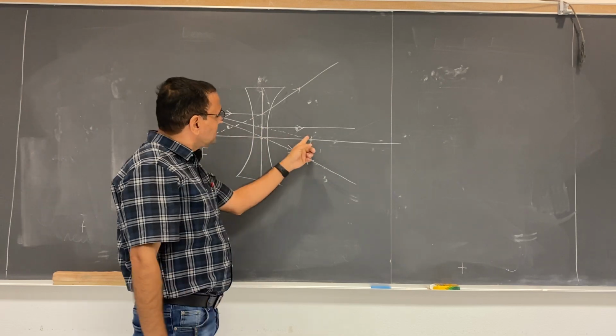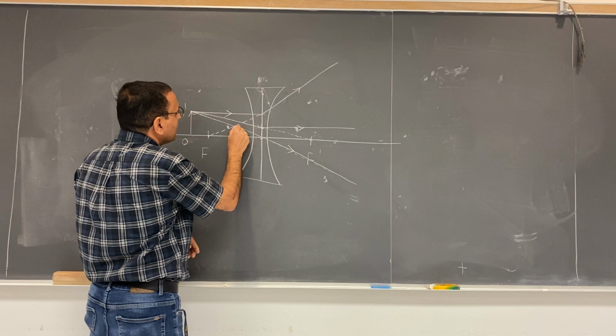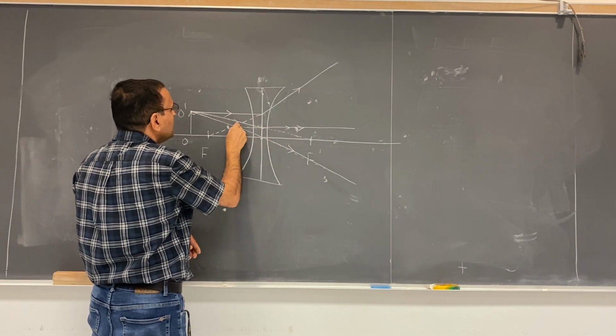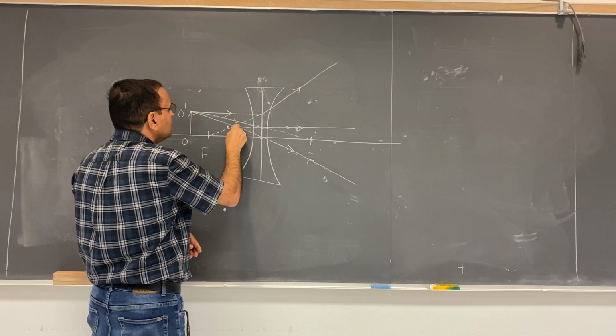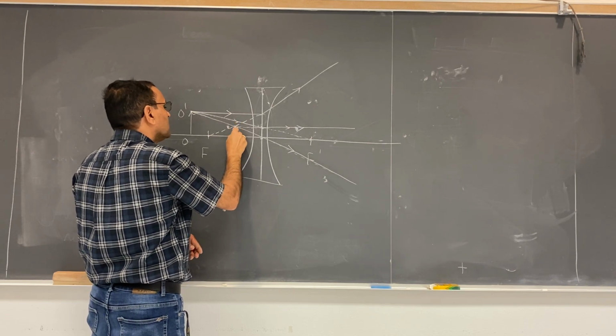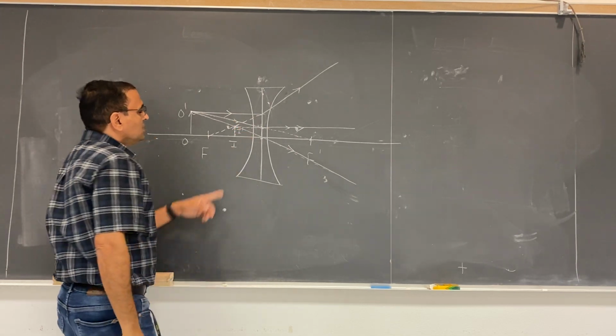So if you extend this line, they meet right here. Look, these three rays meet at this point. This is the image I prime. So the image is formed here.